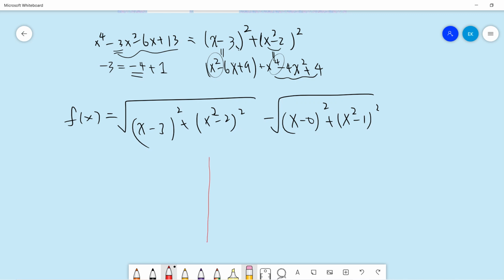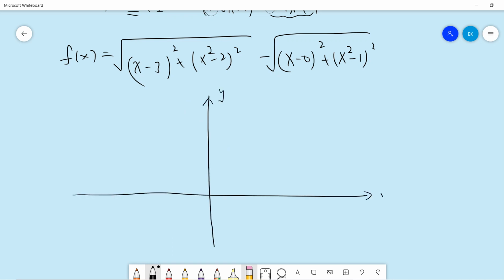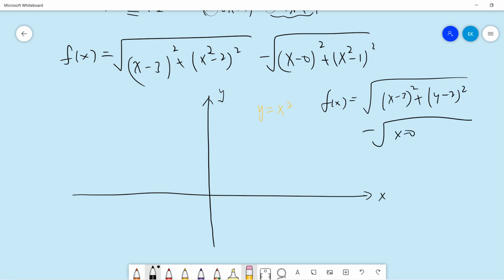Suppose we have the xy plane. Everybody sees what I'm saying, right? Let y equal x squared, so our f of x becomes x minus 3 squared plus y minus 2 squared, minus x minus 0 squared plus y minus 1 squared.